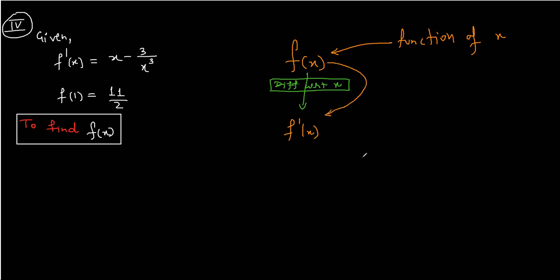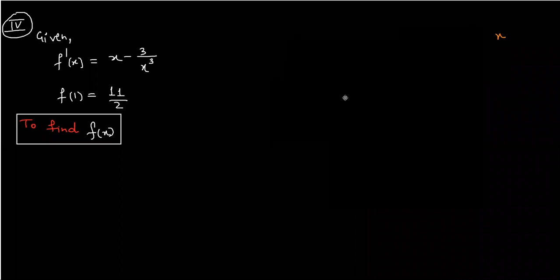The relation is d by dx of f of x is f dash x. I hope you all understand. When you differentiate f of x with respect to x, you get f dash x. This is what we know, so I will use this idea.